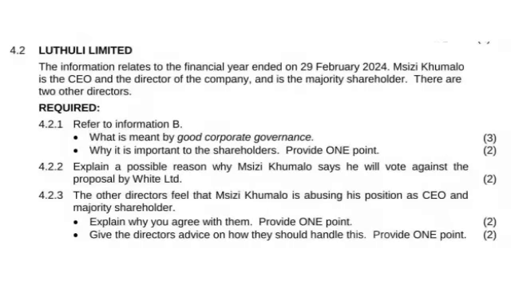And then in 4.2.3, it says the other directors feel that Msizi Khumalo is abusing his position as CEO and majority shareholder. Explain why you agree with them. Provide 1 point. And then also in bullet number 2, give the directors advice on how they should handle this. Give 1 point.